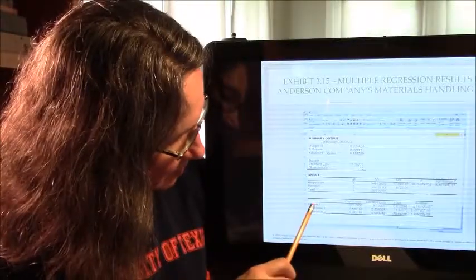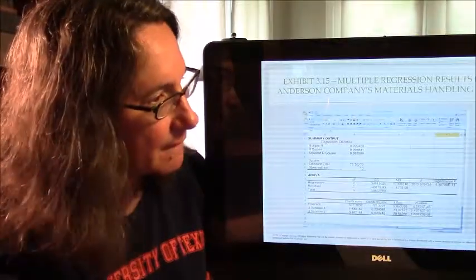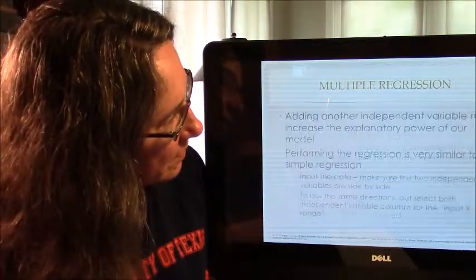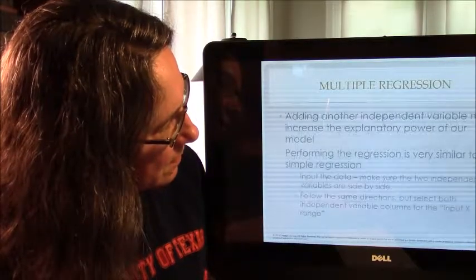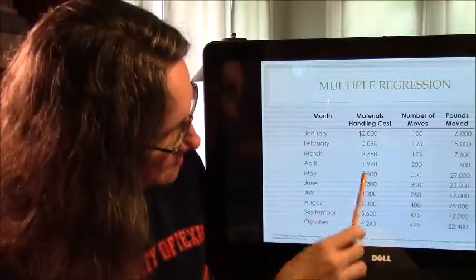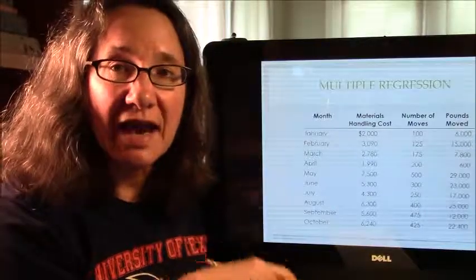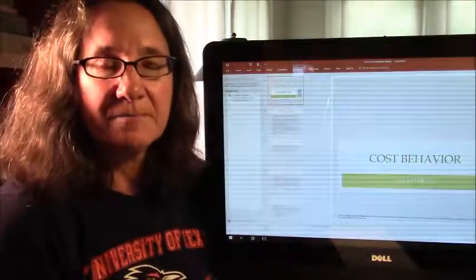So we have 3 variables, 1, 2, 3. So we have 10 observations, minus 3 is equal to 7, that's degrees of freedom. It's used to calculate the t-statistic, but I won't make you do that, but I would expect you to know what degrees of freedom are.